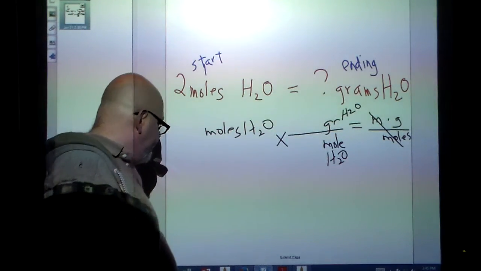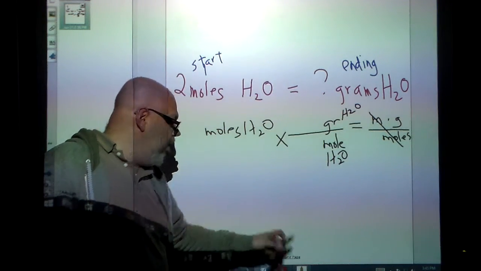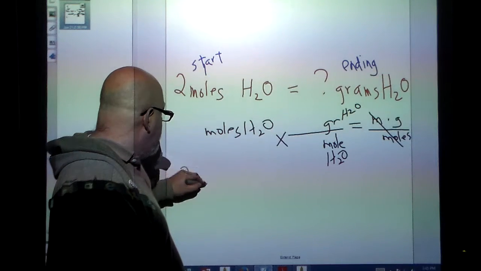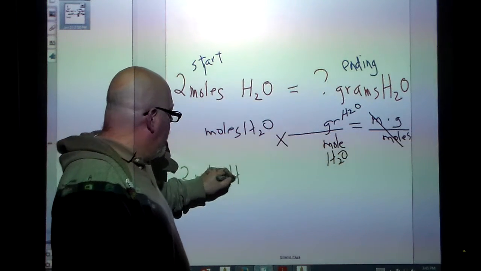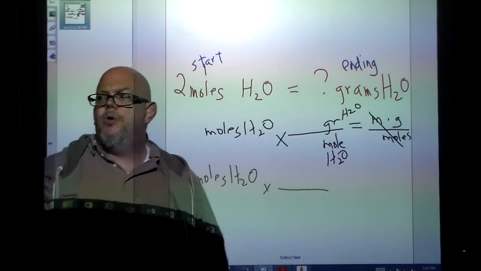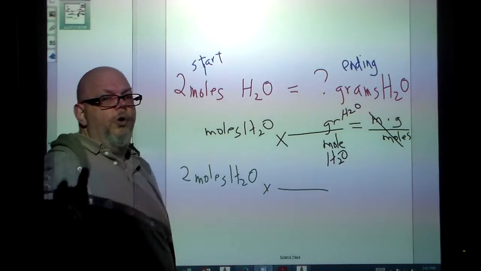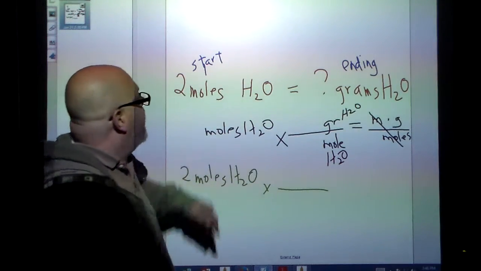Okay, so some pieces of information. I need 2 moles of water, and I'm going to have to multiply. Oh, wait a minute. How many grams are there in a mole of water? Well, I'm going to do a quick version of that.